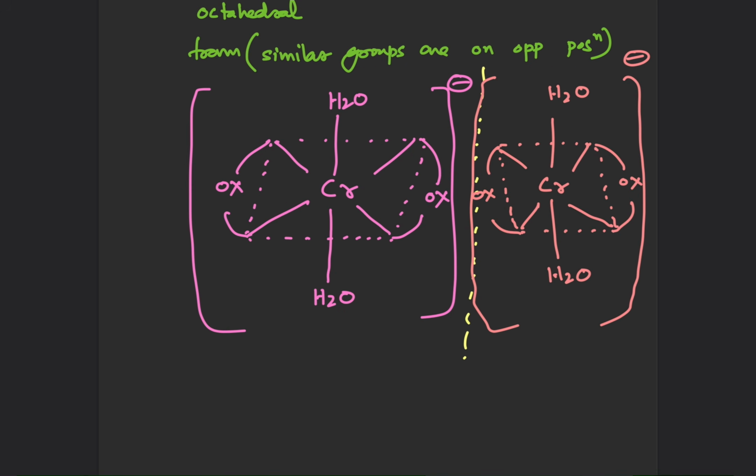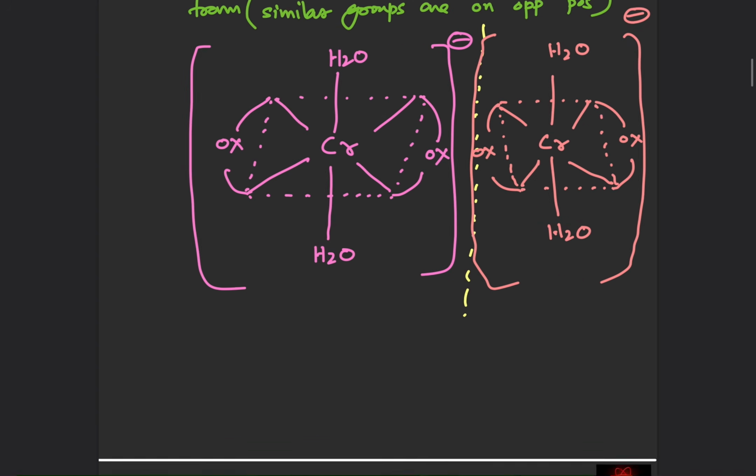Therefore they are achiral or optically inactive. You cannot say that these two are different things, that one of them is dextro and one of them is levo. They are achiral.